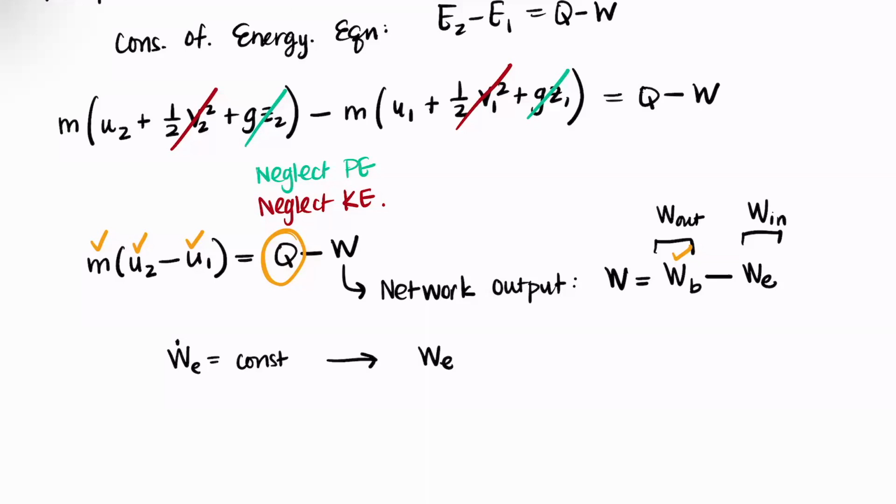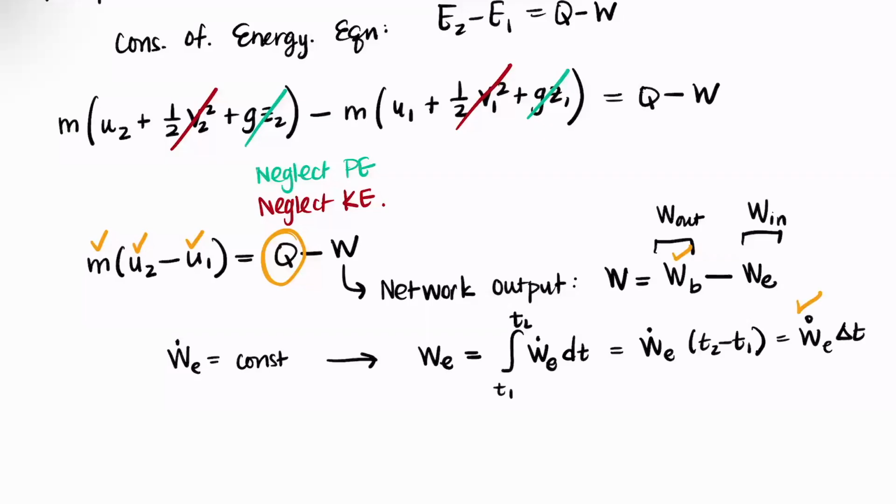So we have WE is equal to the integral from T1 to T2 of W dot E dt. W dot E is just a constant, so this integral is just W dot E times T2 minus T1, or W dot E times delta T. And we were given both W dot E and delta T, right?